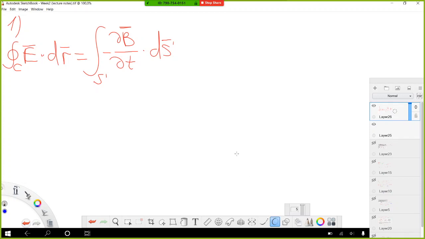Okay, we are saying if we compute the first integral, it will be simply electric field.